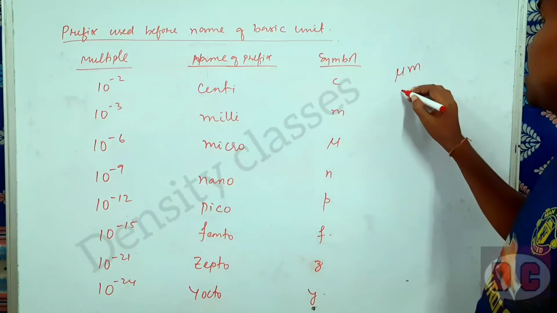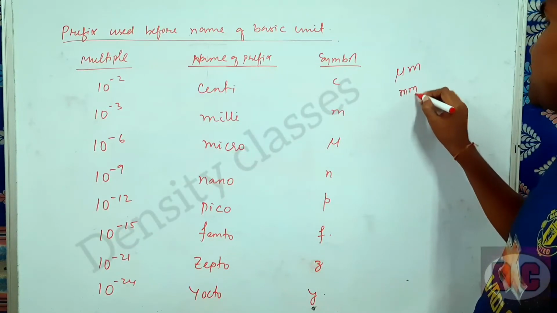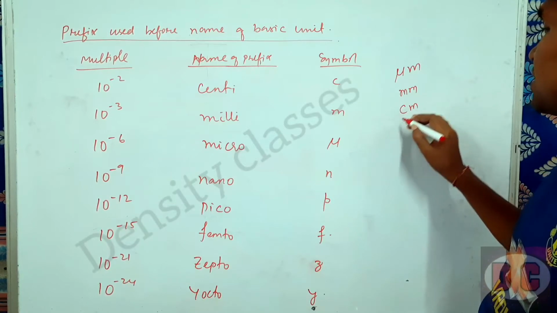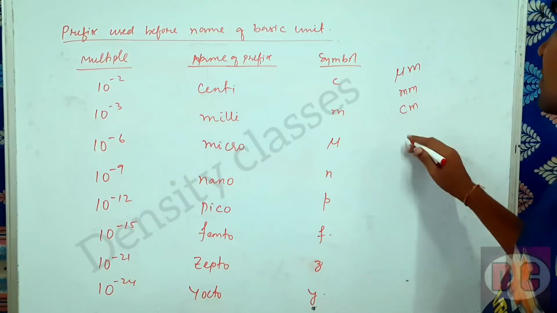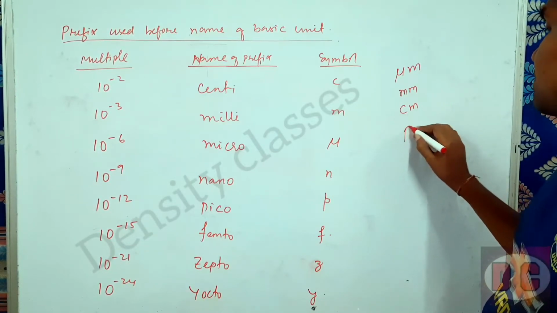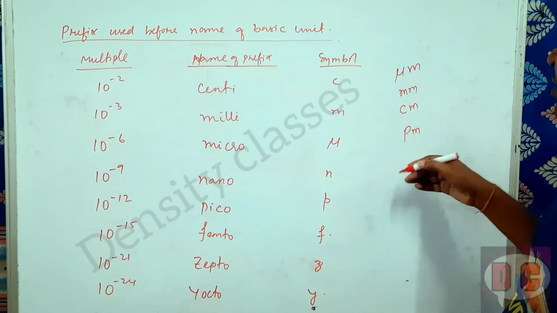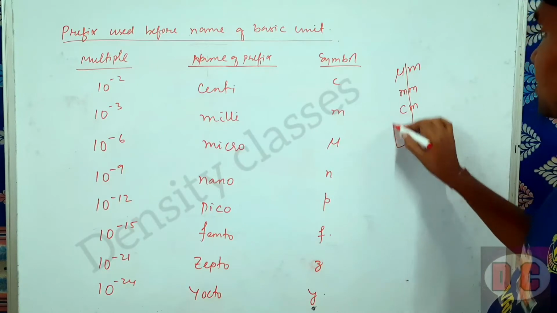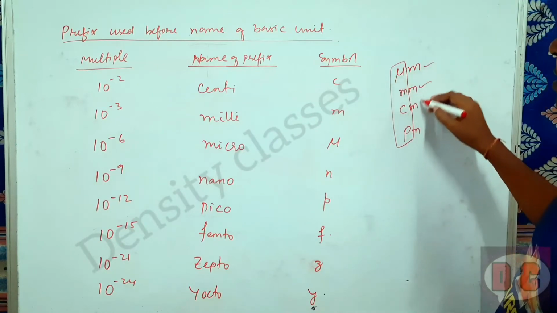Sometimes you will see mm, which is called millimeter. Sometimes you will see cm, centimeter. Sometimes you will see pm, picometer.